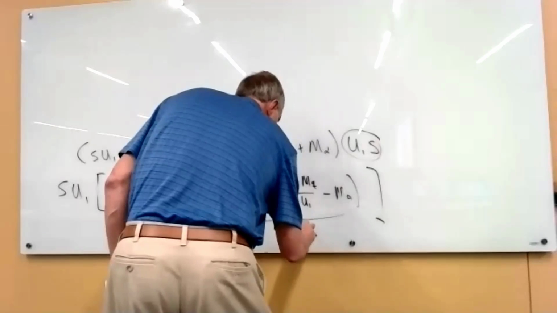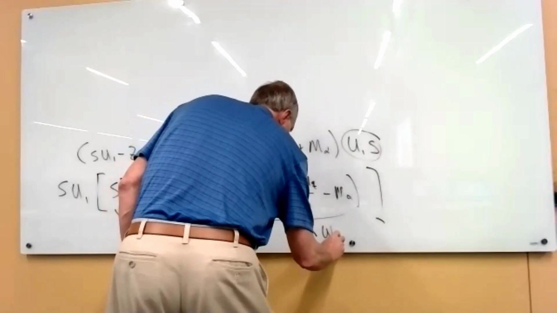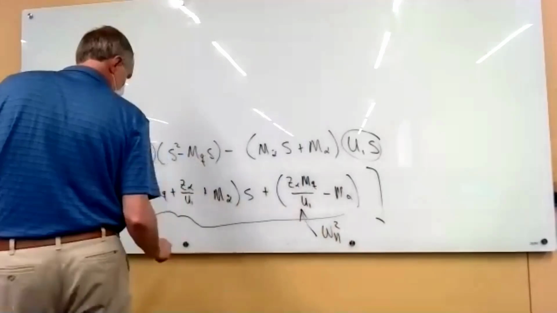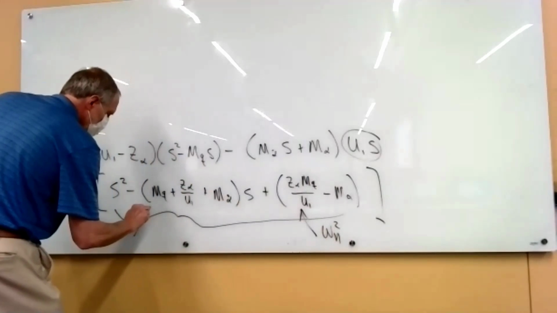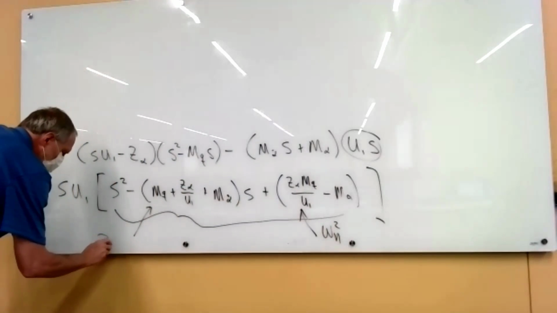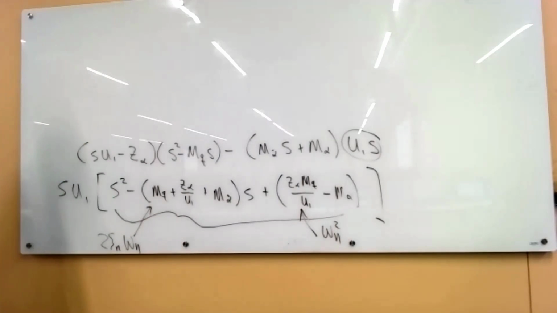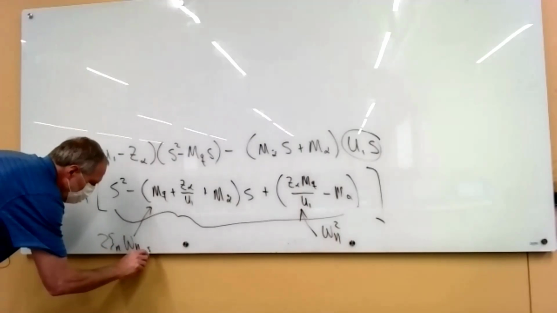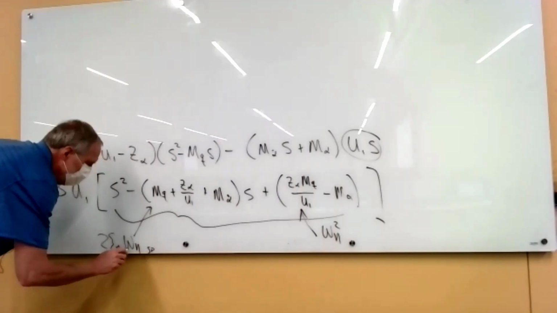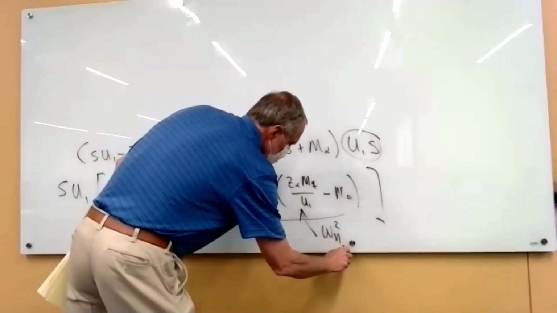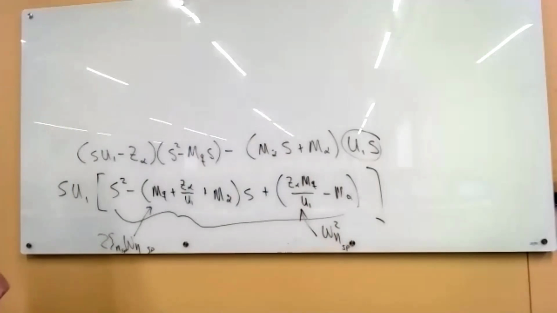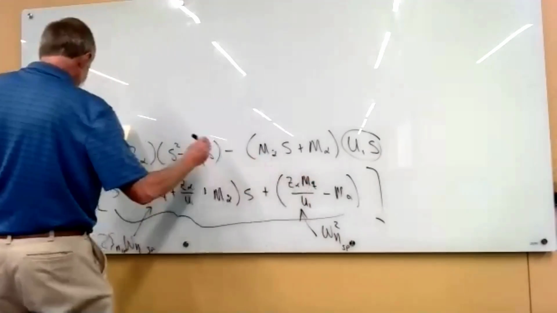And this thing here has to be the natural frequency squared. And this whole bracket here has to be twice the damping ratio times the natural frequency. And usually we'll put a subscript SP on these to mean short period. So hopefully you can see that. So that means the natural frequency is the square root of this thing.